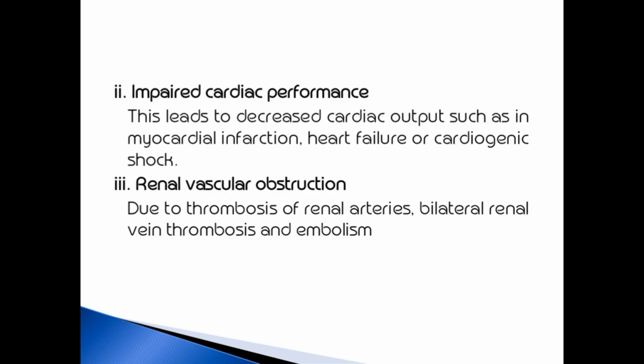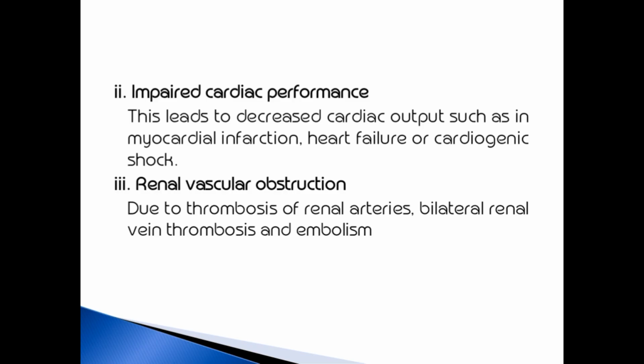The other causes that fall under pre-renal causes include renal vascular obstructions. So if there is obstruction in those blood vessels that are carrying blood to the kidney, you are going to find that there will be a reduction in the blood supply to the kidney, and hence it may cause an impairment in the flow of blood to that kidney, leading to renal impairment or renal failure.